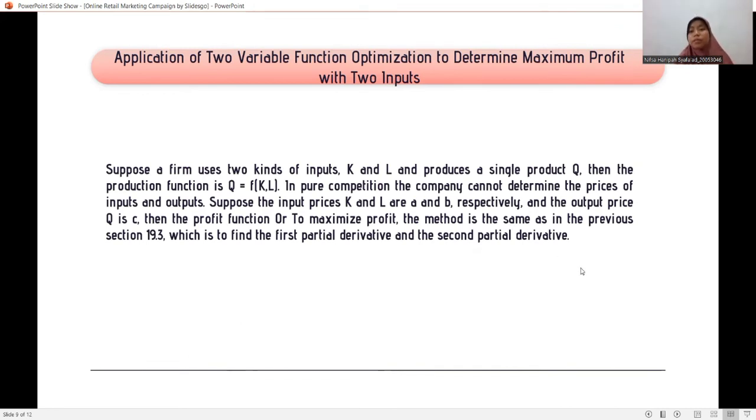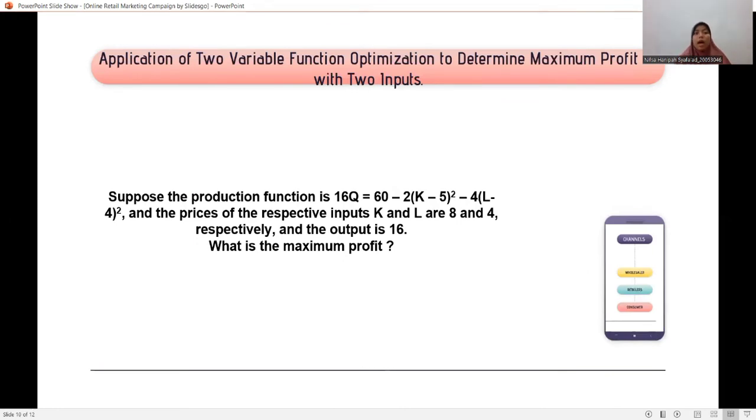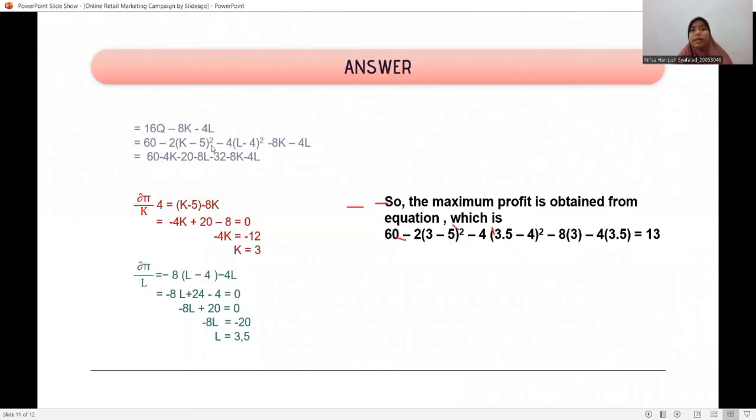Okay, we learn from an example. Suppose the production function is Q equals 60K minus 20K minus 5K squared minus 4L minus 4L squared, and the prices of the respective inputs K and L are 8 and 4, and the output price is 16. What is the maximum profit? Let's calculate it. Okay, the answer.